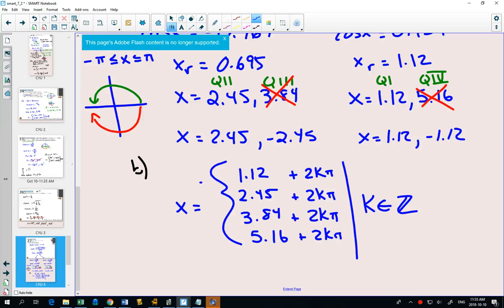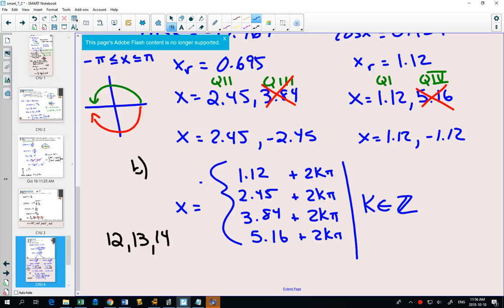Because negative 2.45 is the same coterminal angle as 3.84, when you add 2k pi, they include each other. Sorry, say that again, Tane? Like, it's in the general solution or including 5.16?